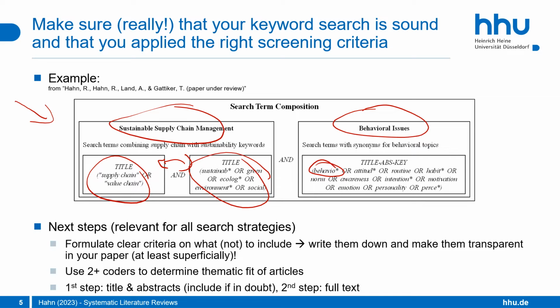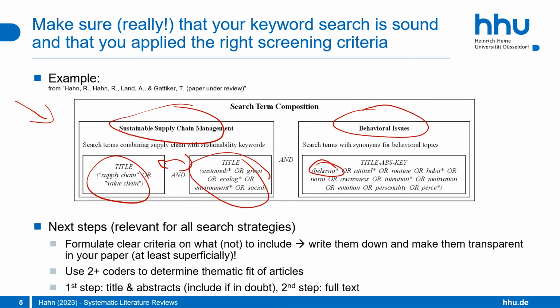In the first step, I usually apply a two-step approach. I'm looking through the titles and the abstracts of the articles only, and try to determine from reading the title and the abstract whether an article that popped up in my keyword search is really relevant for me, or just went into the sample more or less by coincidence because it was found by the keywords but has a totally different topic.